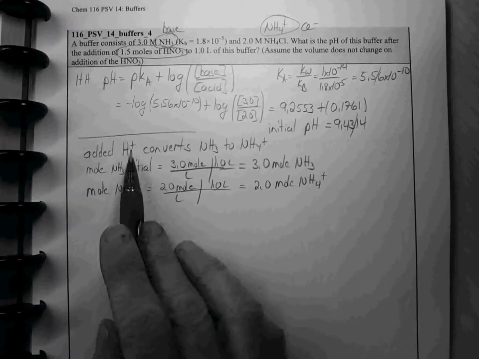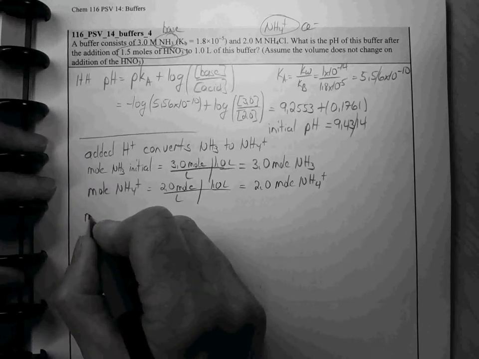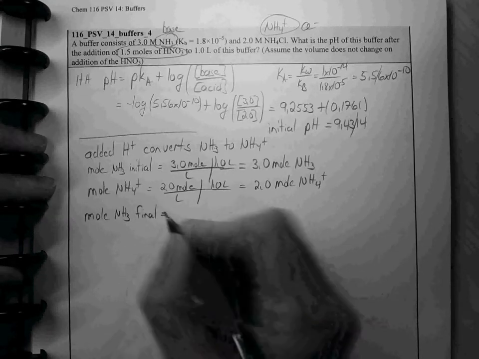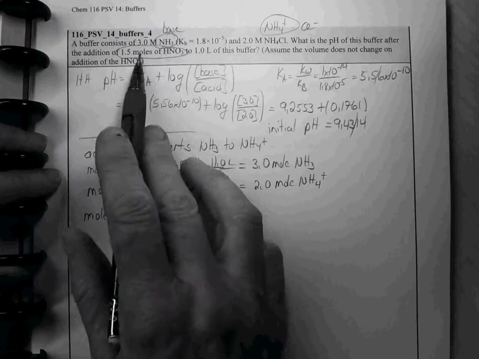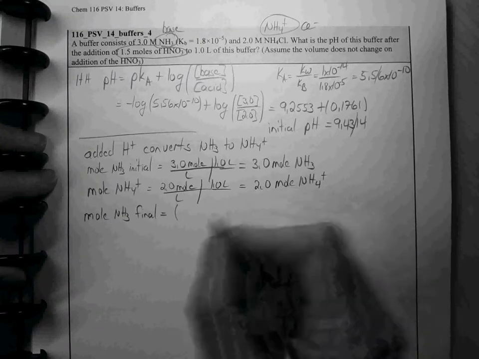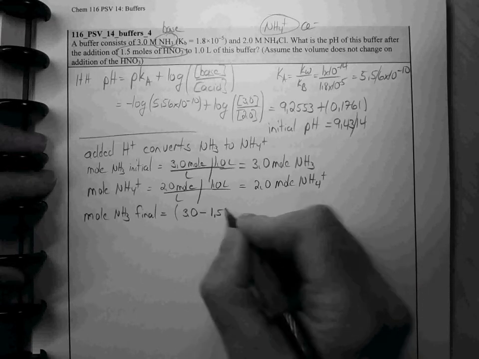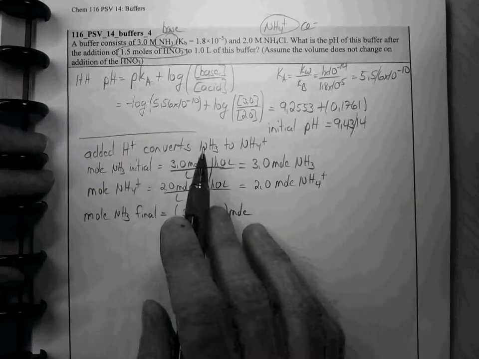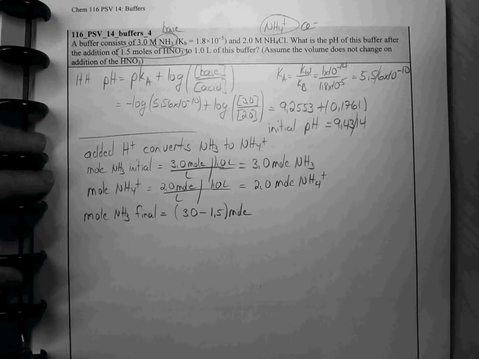Alright, so again the added H+ converts the NH3 to NH4+. So the moles of NH3 final is going to equal the initial amount minus the amount of our acid that we add. So we started with 3.0 moles, and we're going to lose 1.5 moles because the added acid is going to convert 1.5 moles of NH3 to NH4+.